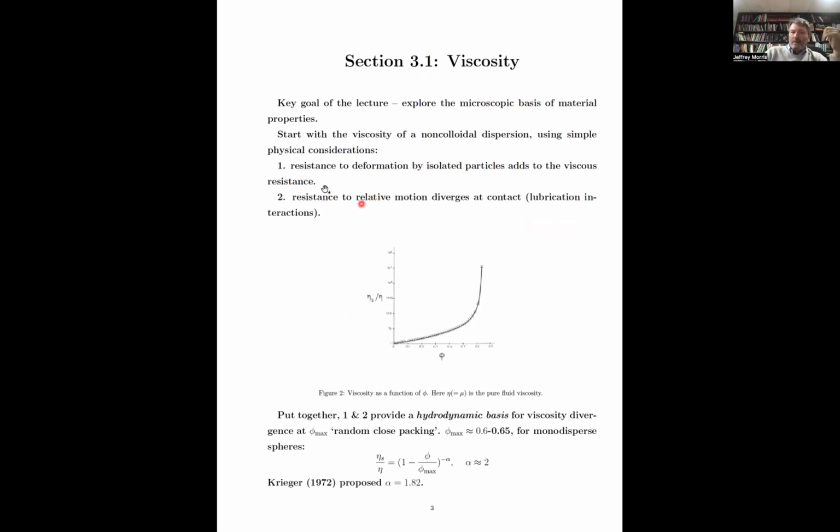And then when you put in multiple particles, resistance to relative motion at contact, that's lubrication. And those two things together give you the idea that I get an increase of viscosity at low concentrations of the particles, and that I get a divergence at some high concentration. So they provide a hydrodynamic basis for the viscosity divergence. And that occurs at about 60 to 65%.